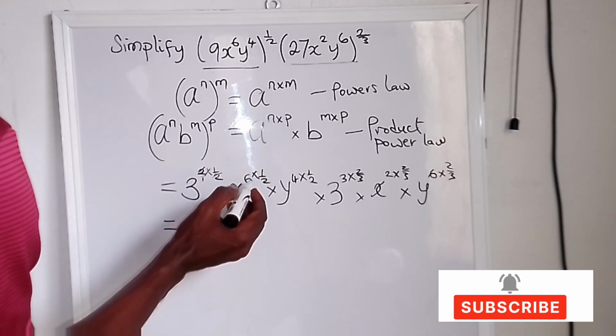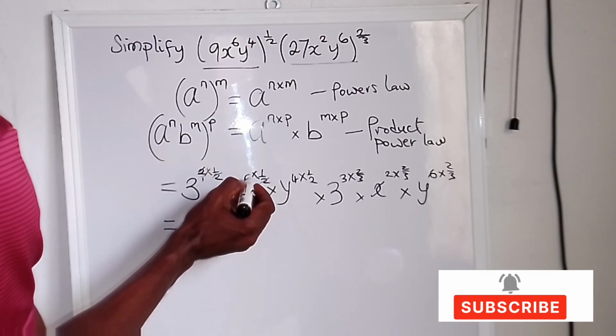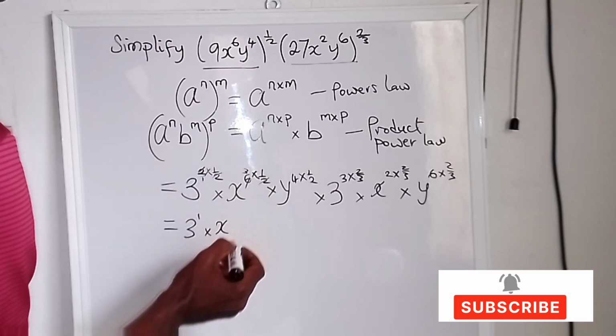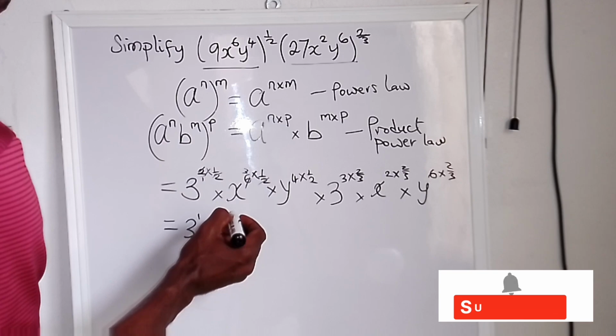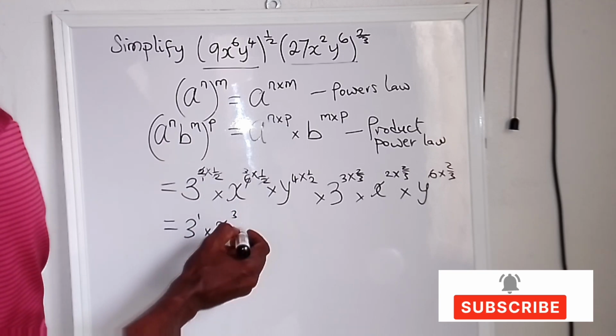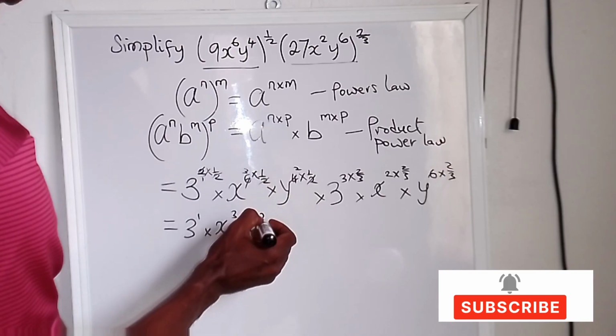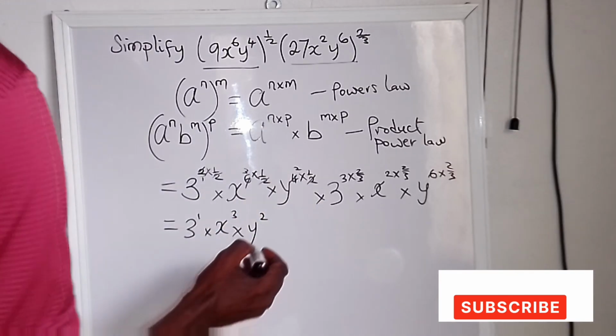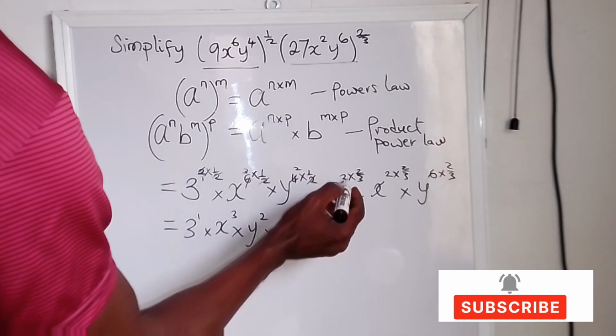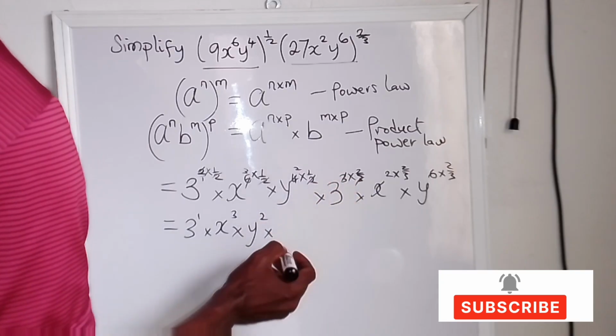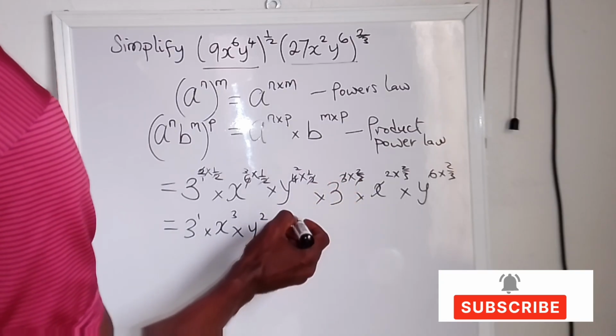Times, you have x. Here, 2 cancels 6, we have 3. So we now have x raised to the power 3. The next one is y. 2 cancels 4, we have 2. So we have y raised to the power 2. Move to the next part, we have 3 cancels 3. So we have 3 raised to the power of 2.